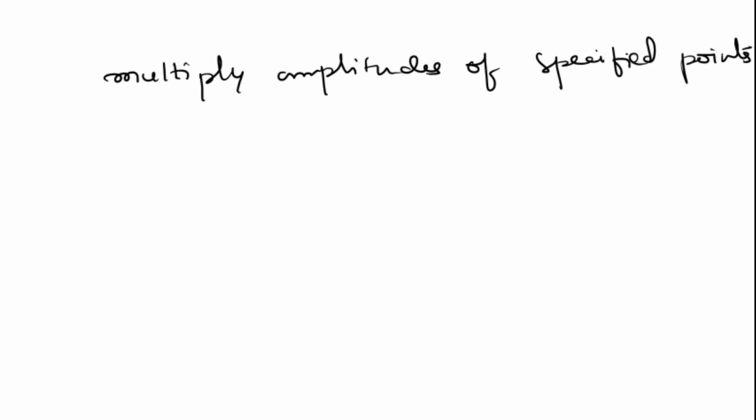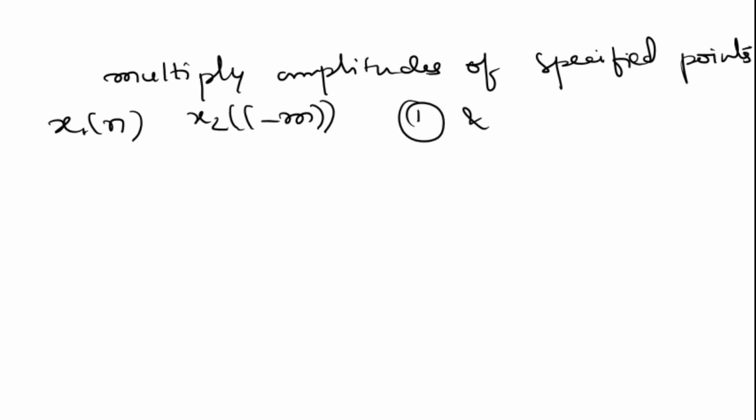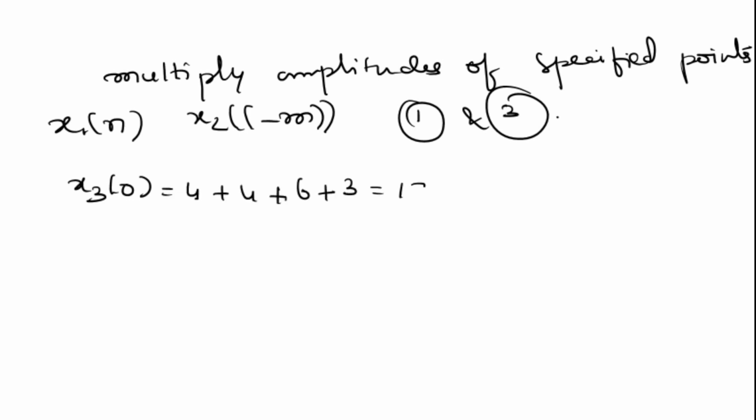That means we have to multiply x1 of m with x2 of minus m of 4 points. That means figure number 1 and figure number 3 we have to multiply. So we'll get x3 of 0 is equal to 4 plus 4 plus 6 plus 3, that is 17.